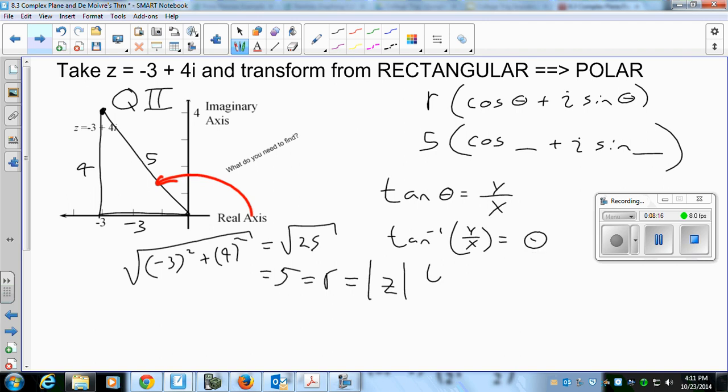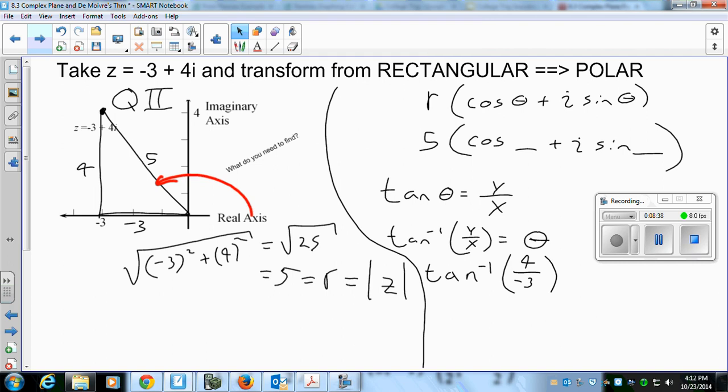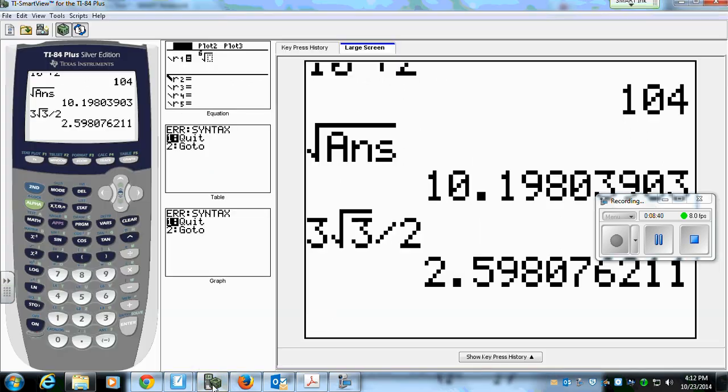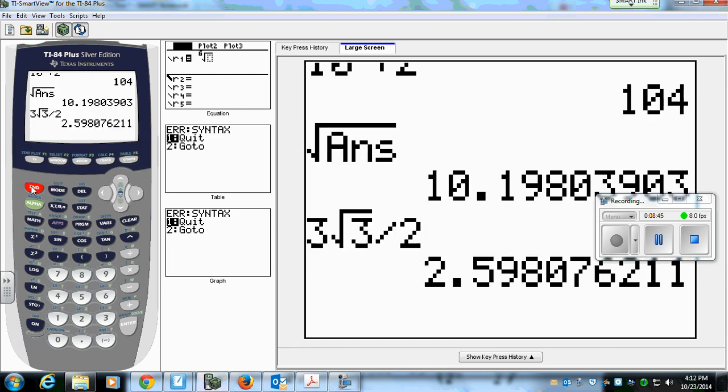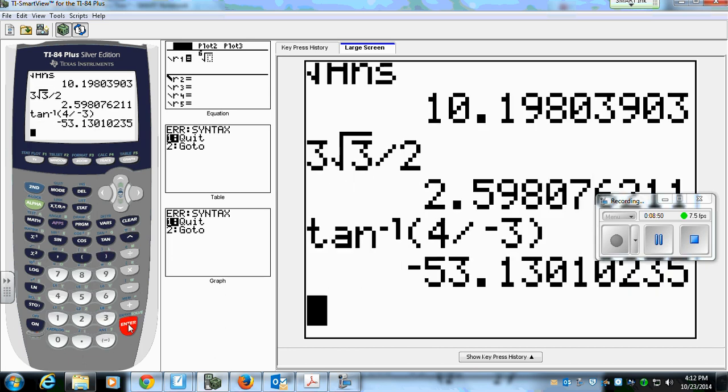So inverse tangent of my y, which is 4, over negative 3. I'm going to put this into my calculator, in degrees, so I check my mode, and I do inverse tangent of 4 over negative 3, and I get this angle, 53 degrees.